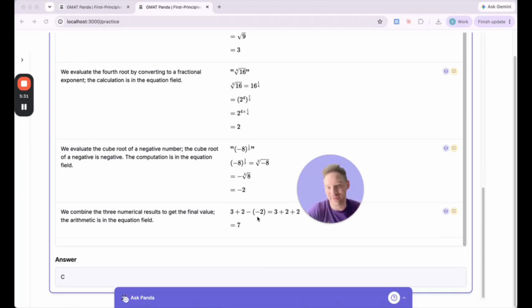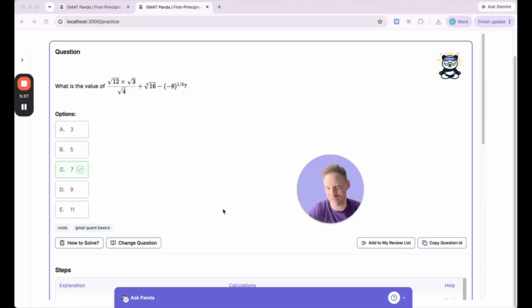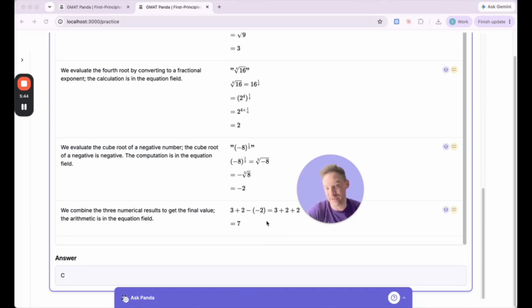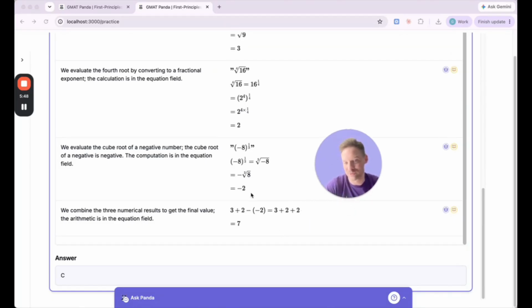But when we combine these together, that minus 2 was after a minus sign, right? Remember at the start we had a minus and then this bit here. So that minus minus will actually cancel out to become a plus 2. So we're just left with 3 plus 2 plus 2, which just gives us 7, and that's the answer.